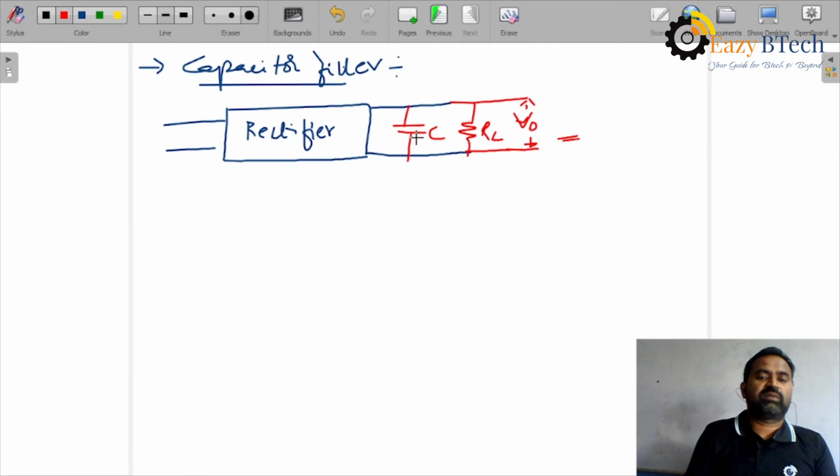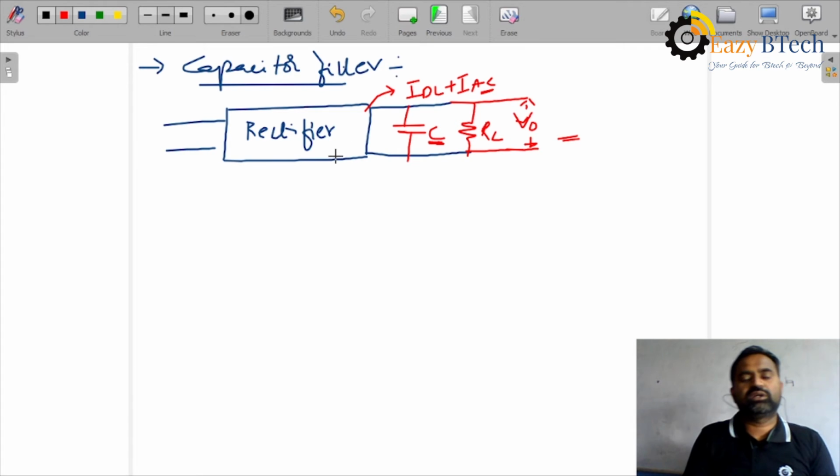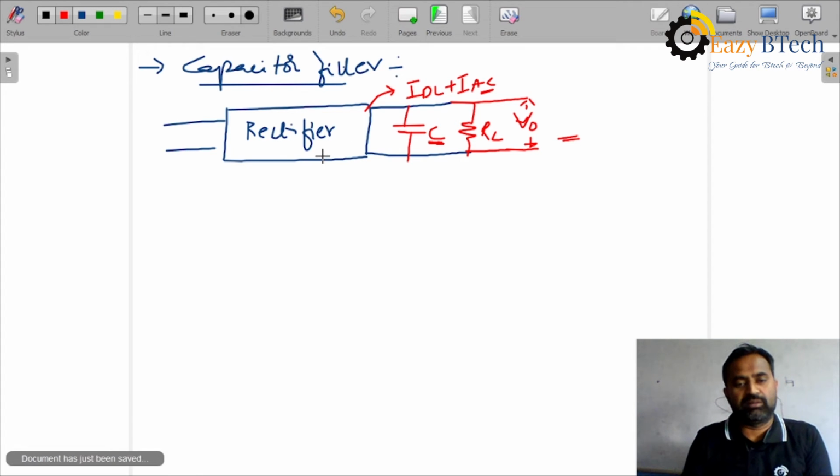Students, you can see the capacitor is connected in parallel to the rectifier. The output of the rectifier has IDC plus IAC, both an AC component and a DC component.